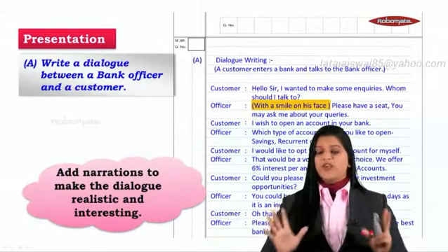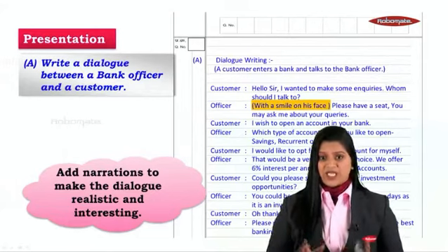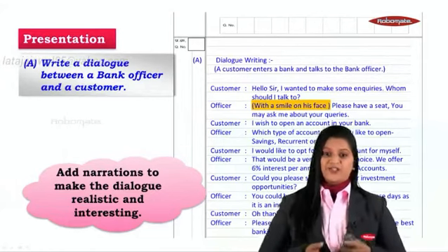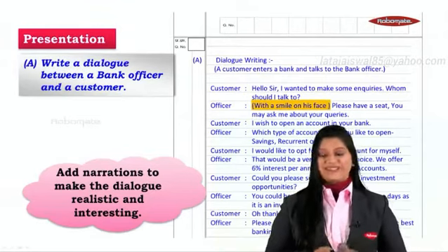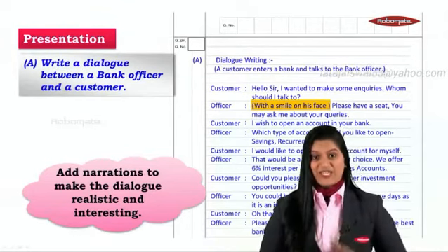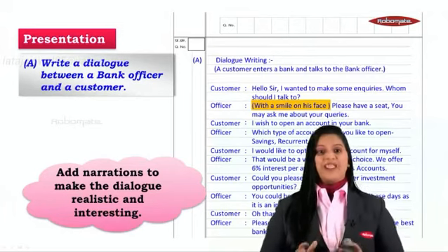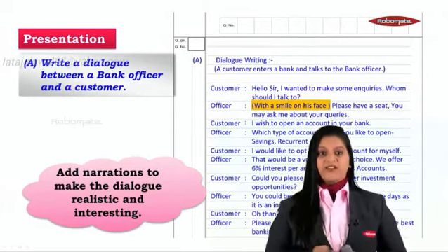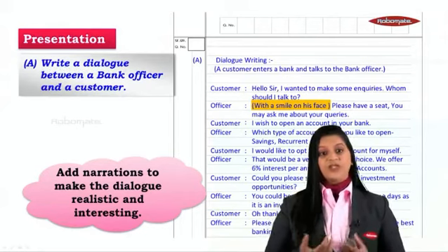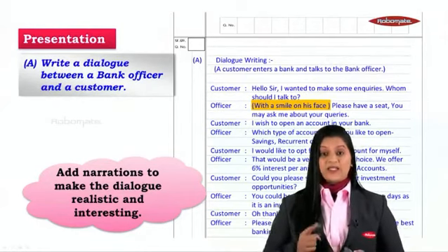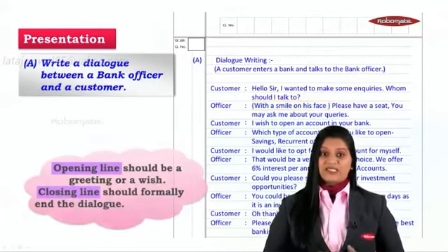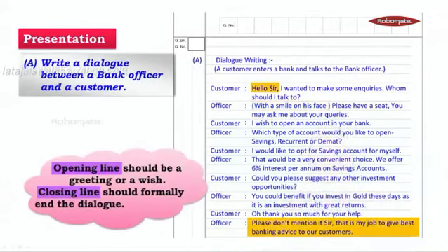Now, the last and the most important part. When you are trying to make your dialogue very realistic, you should add narrations to it. Adding narrations makes the dialogue realistic and interesting. Like for example here, with a smile on his face. This particular narration makes this dialogue a little more interesting and realistic, isn't it? And the last part that we discussed in the format, the opening line should be a greeting or a wish.